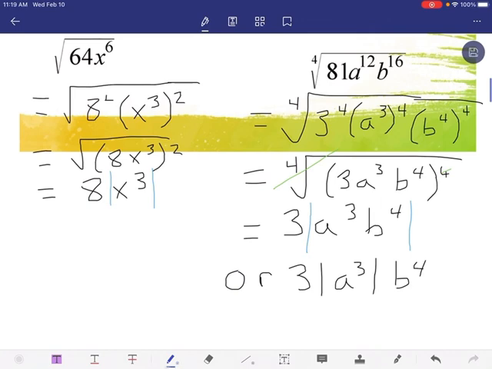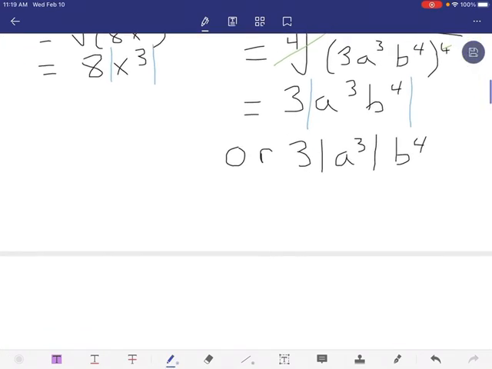So I don't have to worry about putting the absolute value around the b to the 4th, because it's already going to be positive. But like I said, including it in the absolute value isn't going to be wrong, because the absolute value of a positive number is always positive as well. So if you just want to include all of your answer in an absolute value, that's fine.